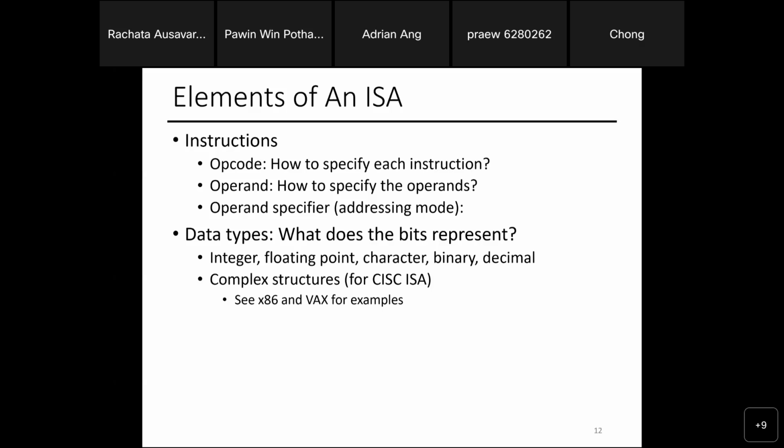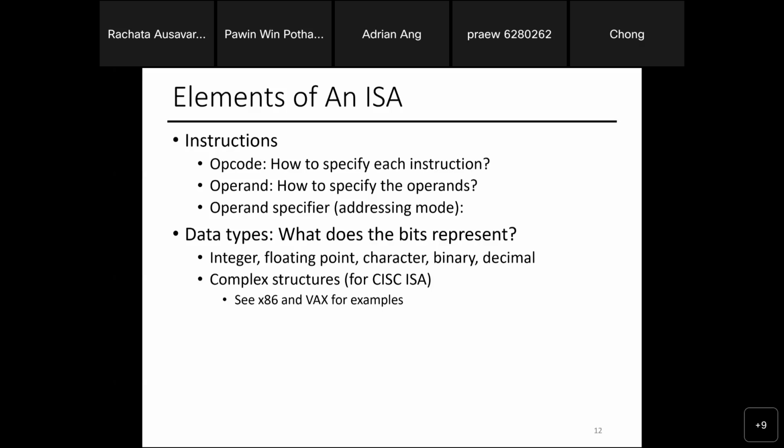Value. When you have the x86 assembly, you have dollar sign next to something, that's a value. Treat that as a constant value or immediate, right? So parentheses means address, dollar sign means constant, nothing means that is your register, right? So it would tell you how you use the operand.